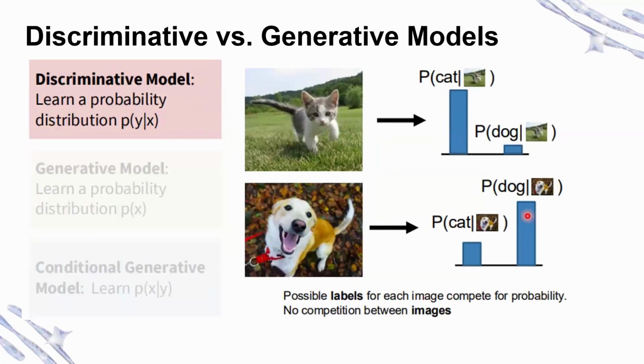For each image, we have a distribution of its own, and if you give it another image, it has another distribution on its own. The key idea to remember is that these images aren't competing against each other; they exist separately.